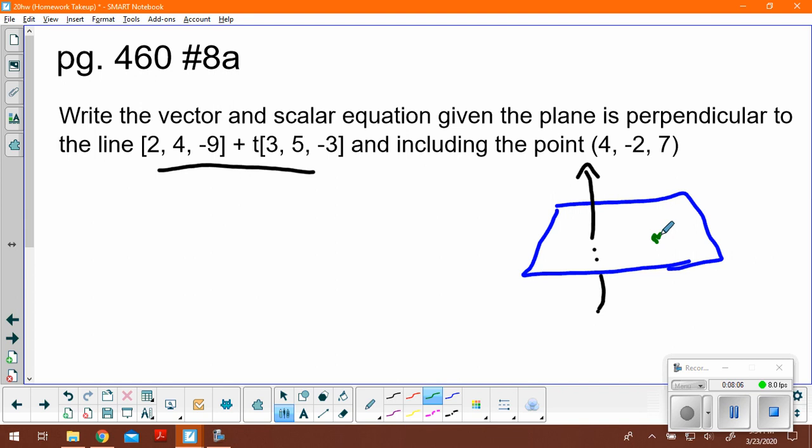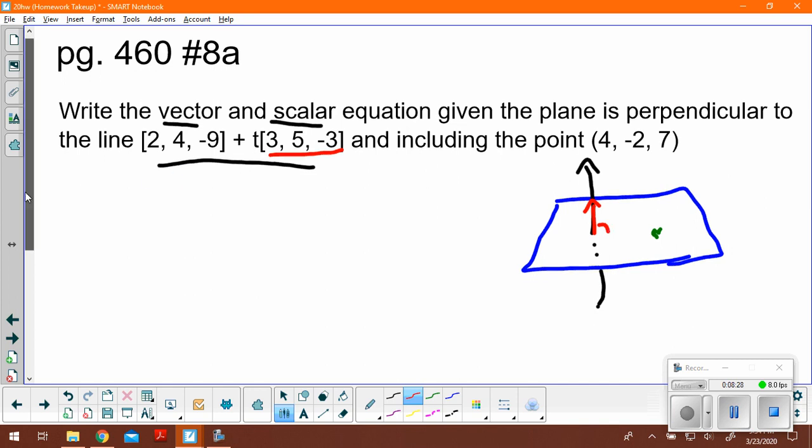Now it wants us to do both vector and scalar forms. With the information we're given, I know that this right here is going to be my normal, because that's the direction vector that's perpendicular to the plane, and I have a point. So I should probably start with the scalar equation of the plane.